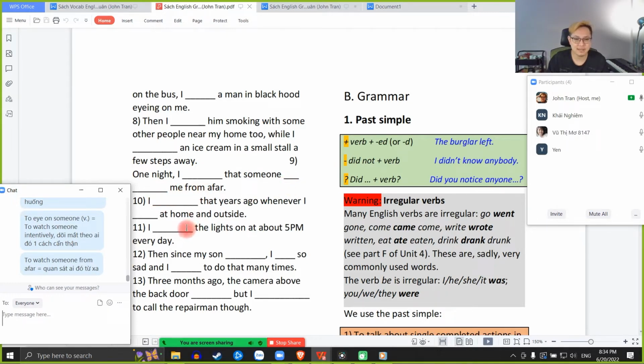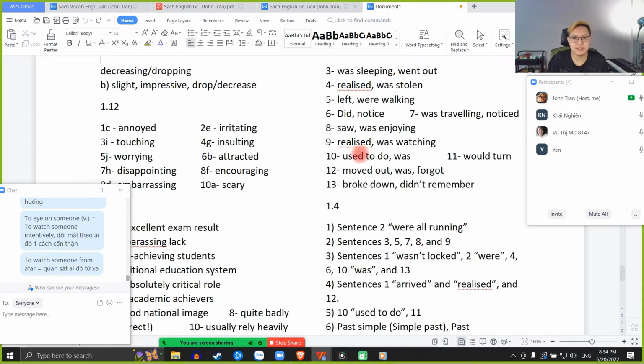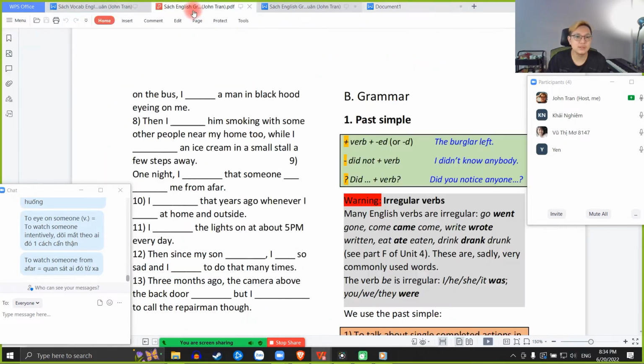Number 10: I used to do that years ago, whenever I was at home and outside. Tôi đã từng làm điều đó nhiều năm về trước, bất cứ khi nào tôi ở nhà và ở ngoài đường.